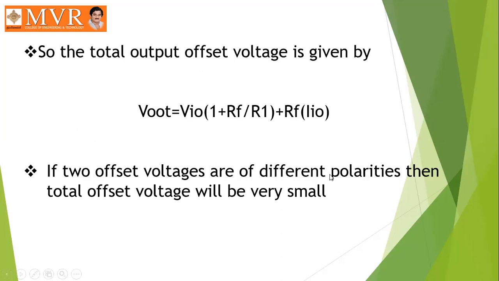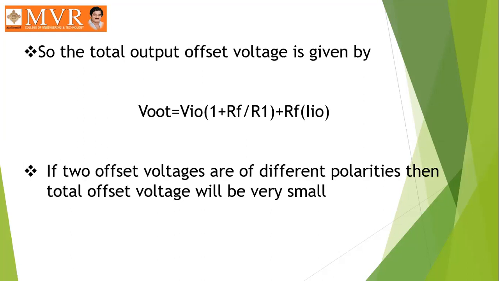If those two have different polarities, then the total output offset voltage for an operational amplifier will be very small. We have discussed that VIO is in the order of millivolts, whereas input offset current is in the order of nanoamperes, very small values. Finally, the total output offset voltage will also be a very small value.